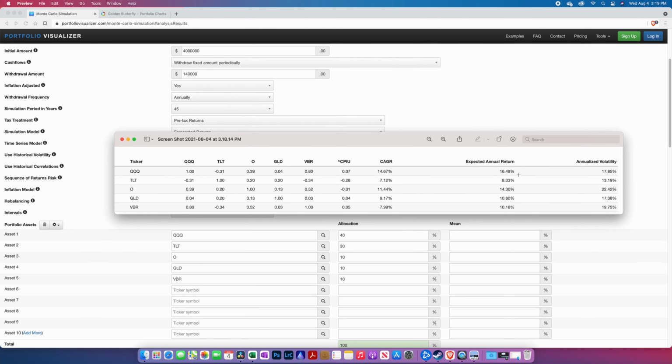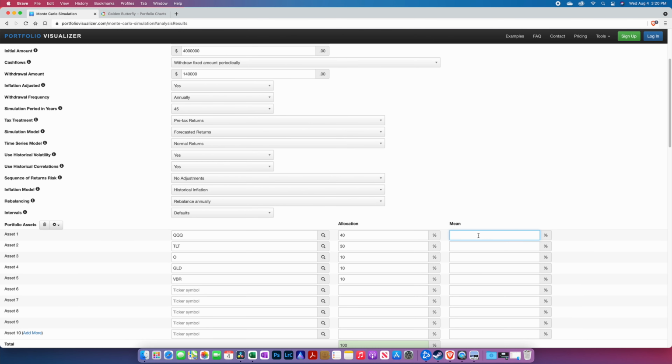All right, so the expected return for QQQ is 16.5. Long-term bonds is 8, 14.3 for O, 10.8 for gold, and 10.16 for small caps. So let's put that in. 16.5. This was 8. This was 10.8 if I recall.